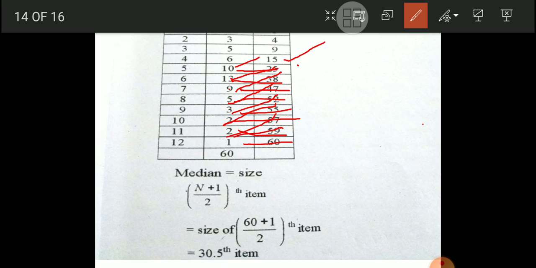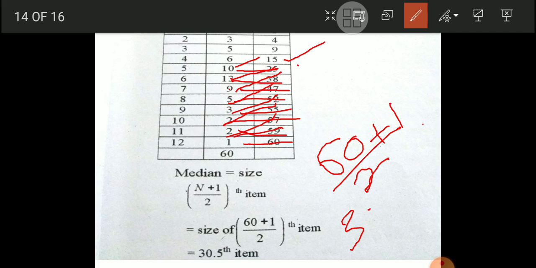Now the median is equal to the size of the (n plus 1) divided by 2 th item, isn't it? So n value is 60, the number of families. 60 plus 1 divided by 2, that is 30.5th item.